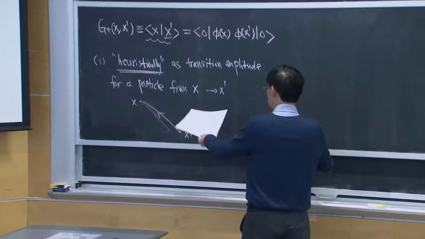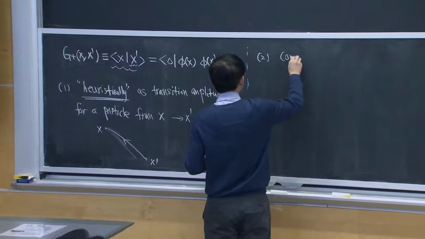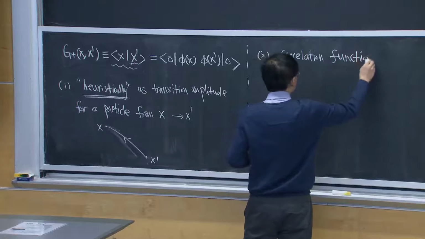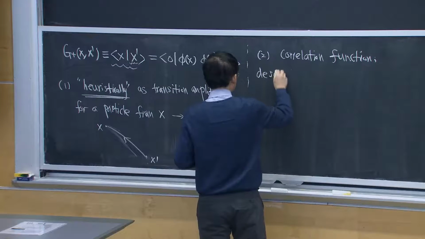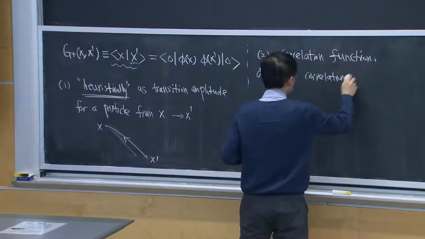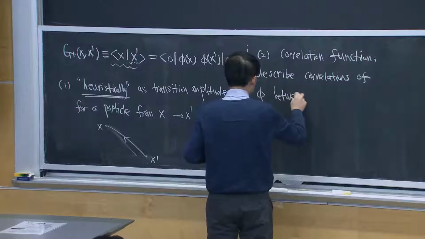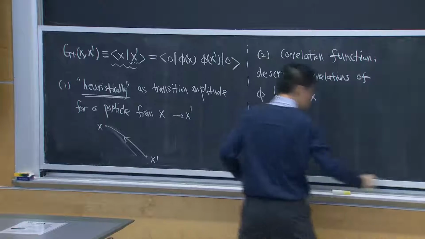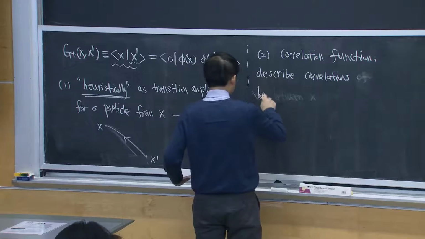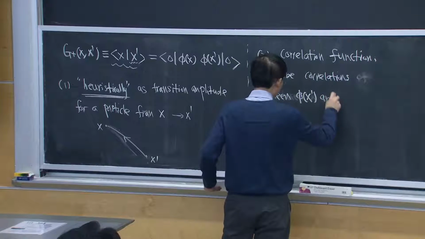And similarly, the second interpretation is the correlation function, that it describes correlations between the value of phi at x prime and the value of phi at x.